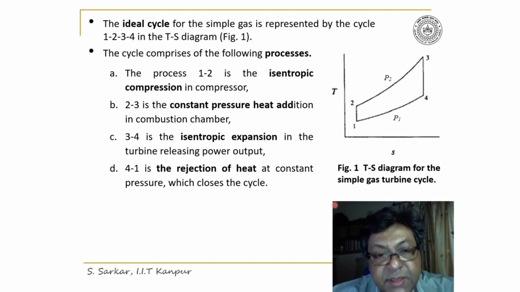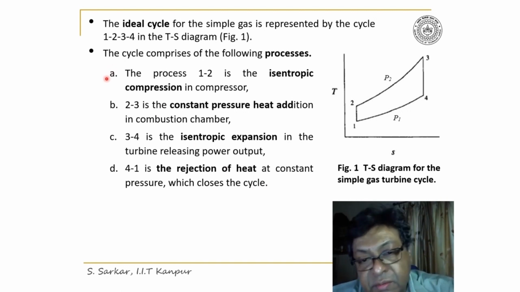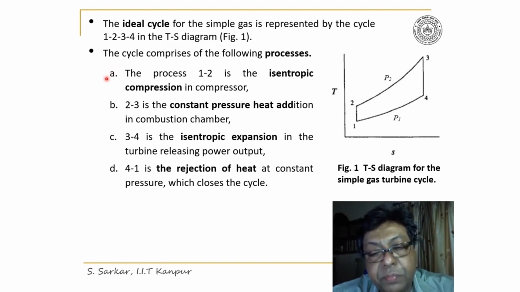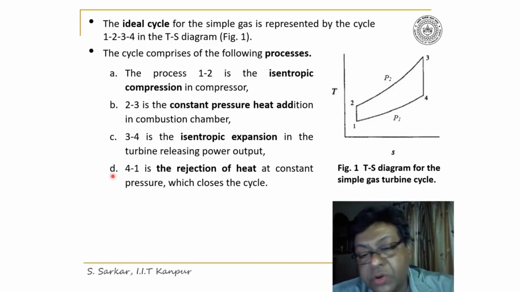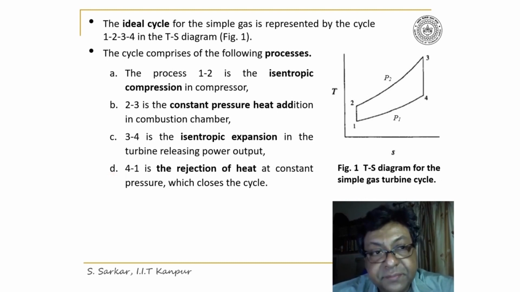Process 1-2 represents the isentropic compression in the compressor. 2-3 is the constant pressure heat addition in the combustion chamber. 3-4 is the isentropic expansion releasing power, and 4-1 is the rejection of heat at constant pressure, which closes the cycle.